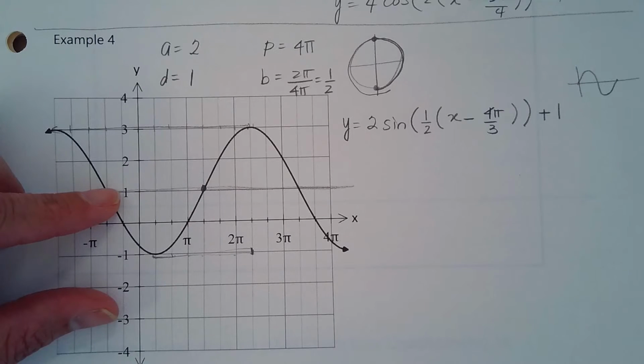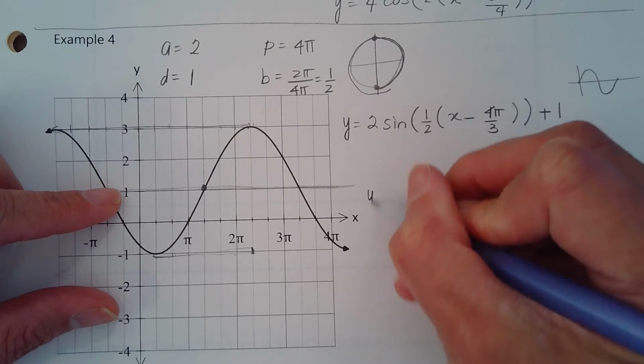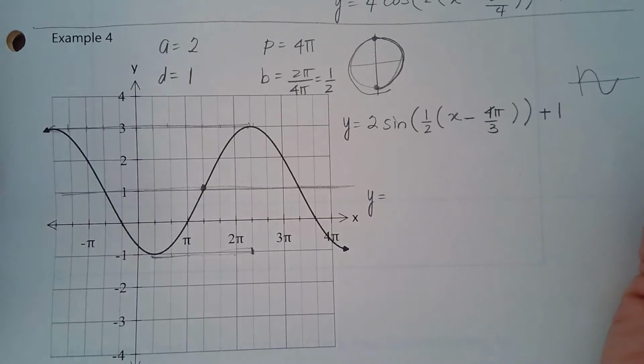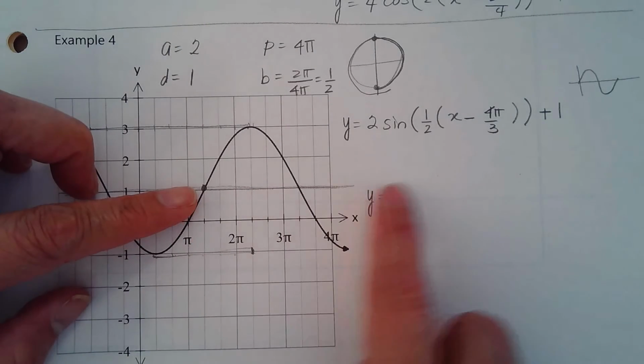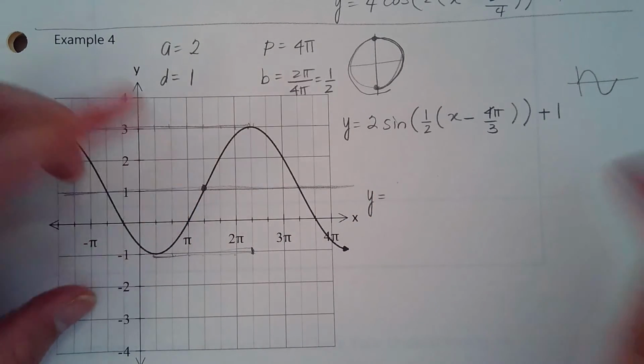So minus 4 pi over 3. Yes? That's just 1. We'll stop with 1, because we don't know how far it goes here, right?